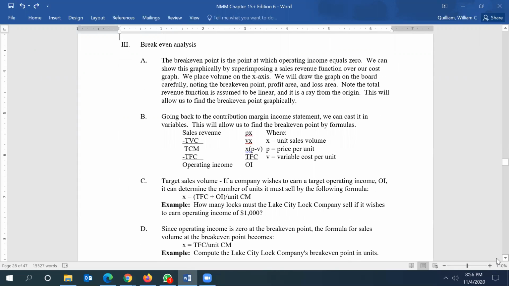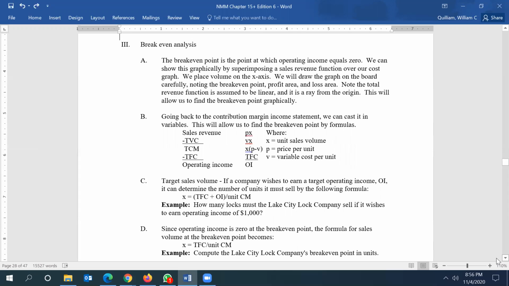So I will show you this graphically by superimposing a sales revenue function over our cost graph. Again, placing volume on the x-axis, we always do. And we've drawn that graph on my PDF. And we're going to note in just a second the break-even point, the profit area, and the loss area.